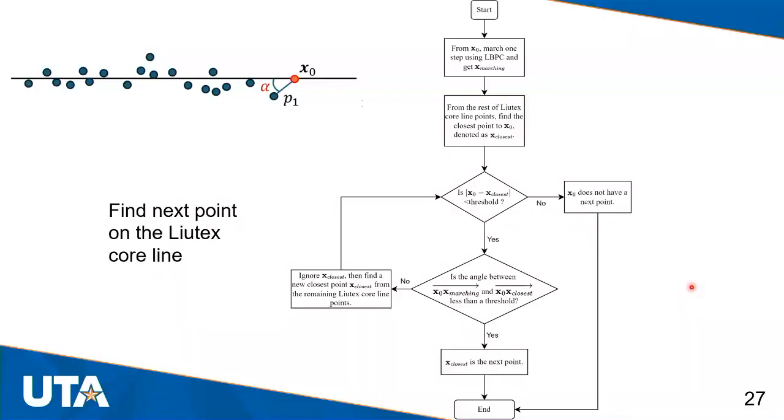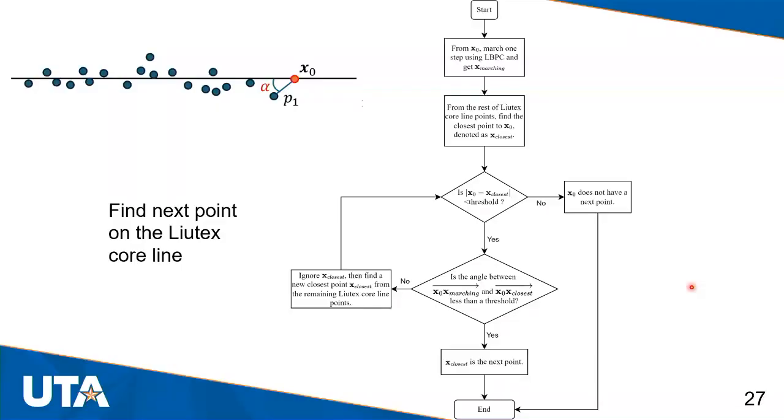Because I use more than grid points, I would assume the distance between the previous point and the next point should be close. So we need to check if they are close, and if they are, then we check the direction.